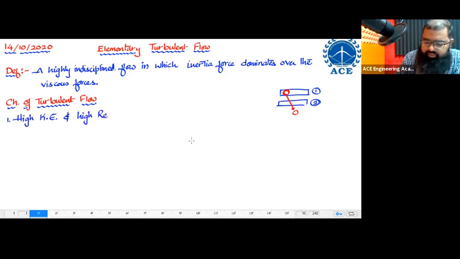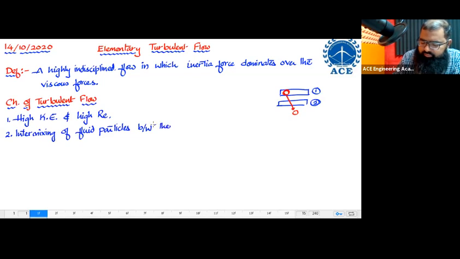Second characteristic: intermixing of fluid particles between the layers takes place.